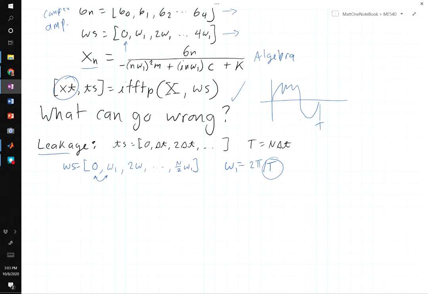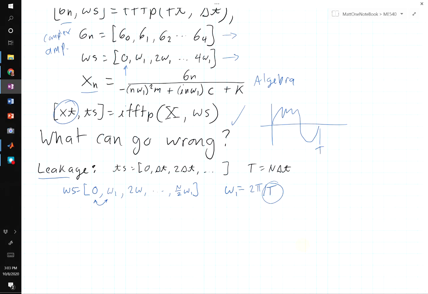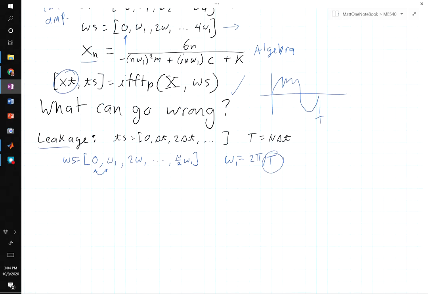So one place we can run into trouble, especially with regard to sampled data, is that if you were doing this analytically, this doesn't tend to be a problem. But if we're given some sampled data, we can run into trouble because it's possible that our signal has a frequency of, say, 1.5 omega 1. What would happen in that case? That's halfway between two of the frequencies that we have here.